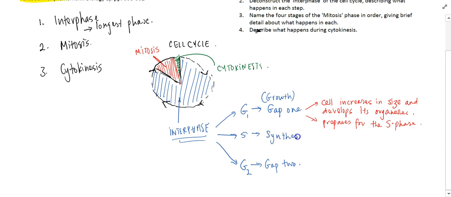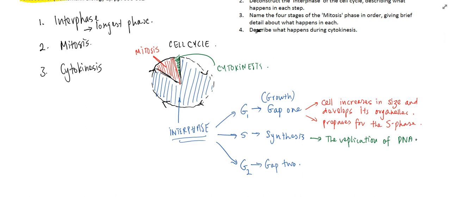And the reason why it's called the synthesis phase is because what we see is the replication of DNA. So basically all the chromosomes, they double.